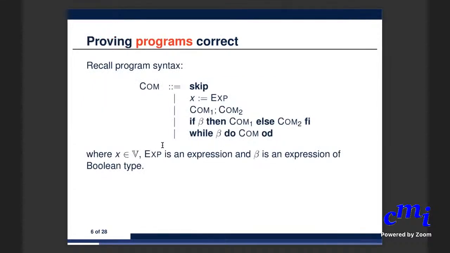This is once again the simple toy programming language we introduced earlier, constructed starting from a set of variables, then a way to construct expressions, and then the commands that you can use to make programs, using basic commands and constructs that compose smaller commands.